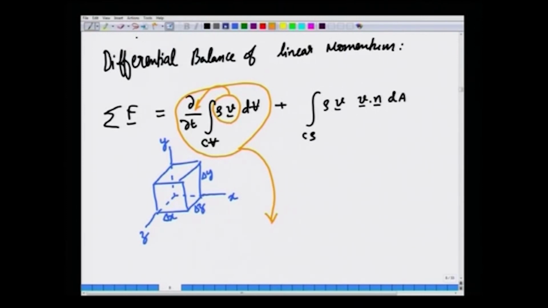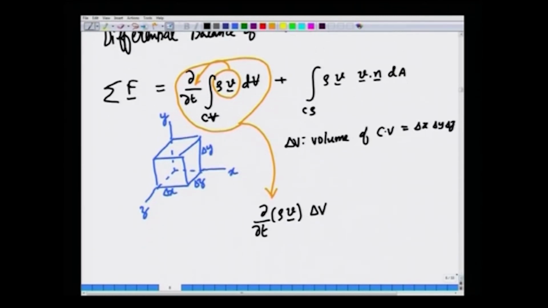So, that is our approximation. So, d dt of rho v times delta V, where delta V is the volume of the infinitesimal control volume, is equal to delta x times delta y times delta z. So, that is the first term.